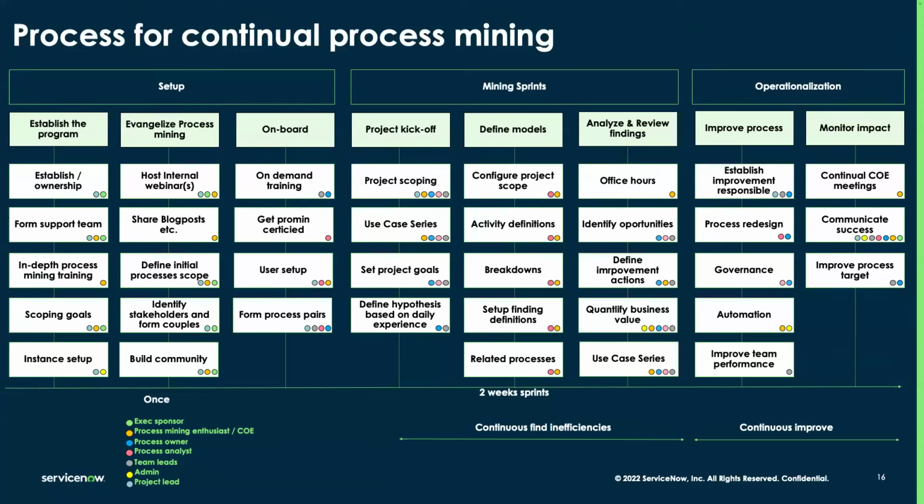I try to simplify things, but this gives you a much deeper insight so you can go, look, I'm really understanding now how we're going to communicate our success, who's going to perform these tasks for us, who's going to mine the process mining projects. So again, this is just a point of reference.